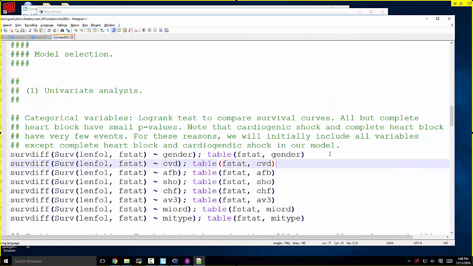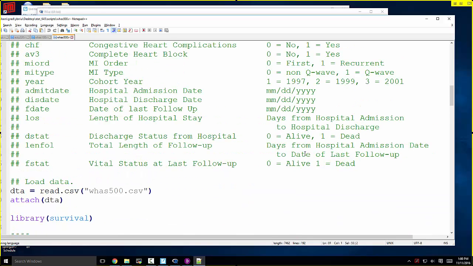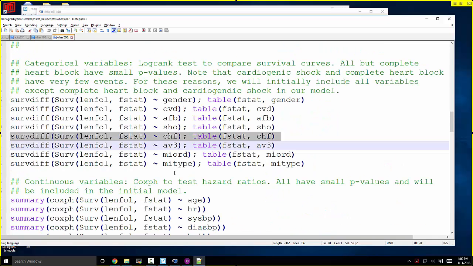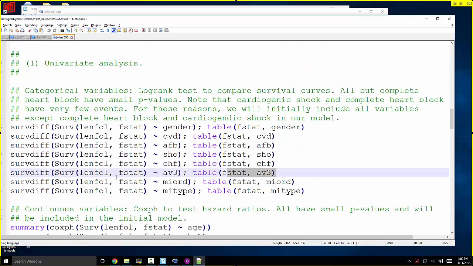So if we continued through this, all of these except, I think, this one, complete heart block. Which one is that? Complete heart block is AV3. So all of them except that one look like there's an association, like they belong in the model. They seem to have an association with survival time.